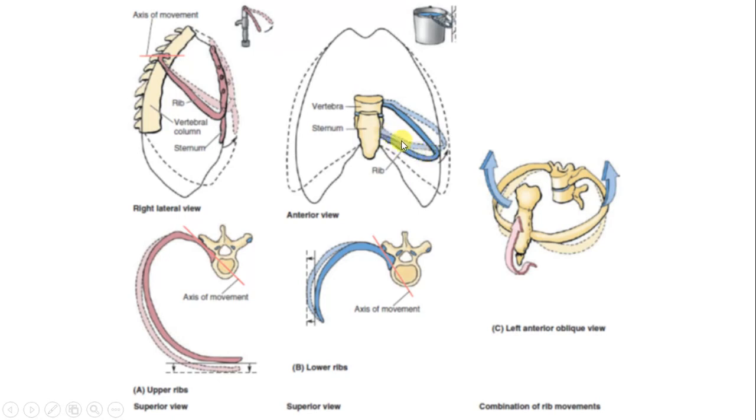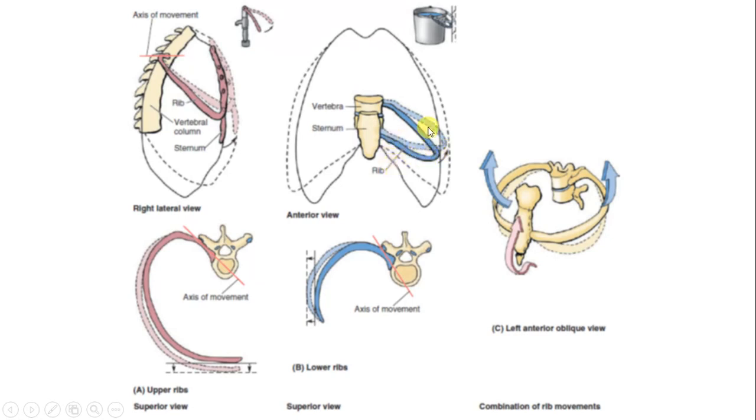So when that moves, here you see it is moving like the handle of a bucket, from below upward. When it moves up, because it is oblique, it causes a difference in the transverse diameter of the chest wall.